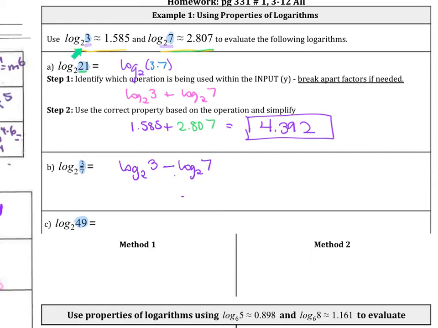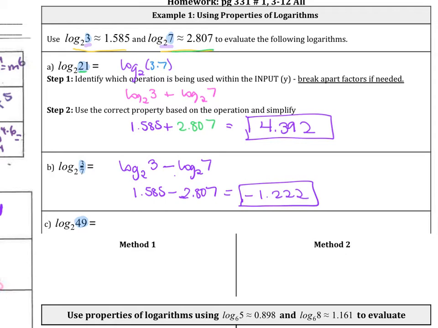Now we just substitute those values. We have 1.585 minus log base 2 of 7, which is 2.807. Order matters, right? Because we're subtracting. When you plug it in the calculator, you get negative 1.222.